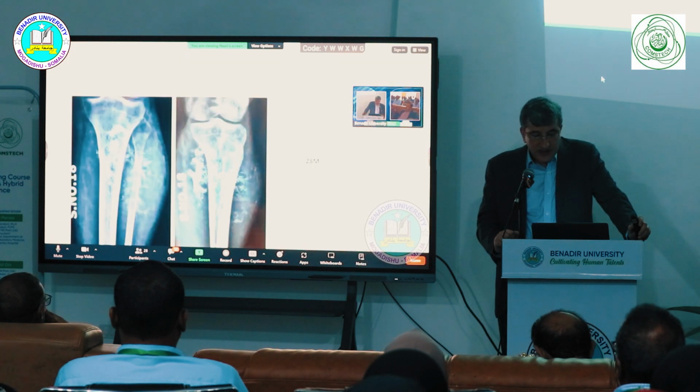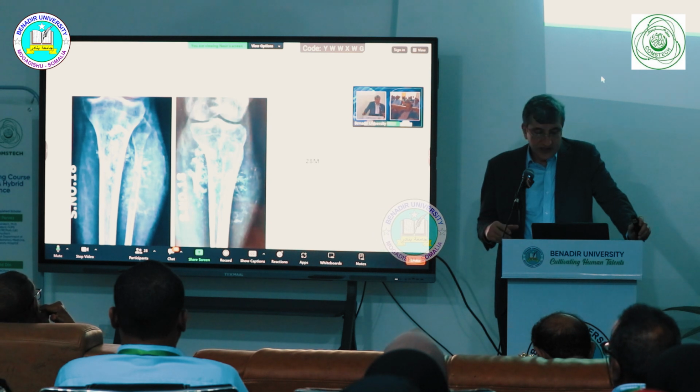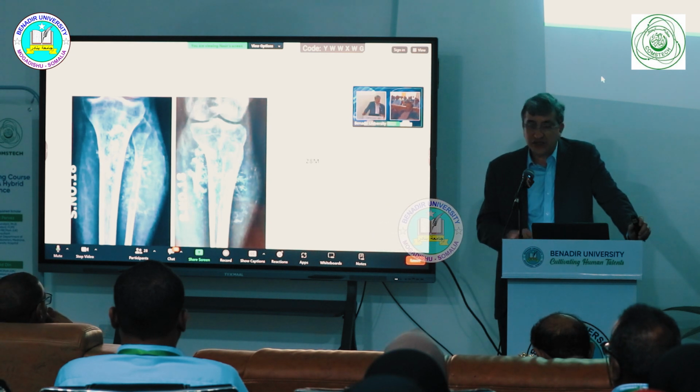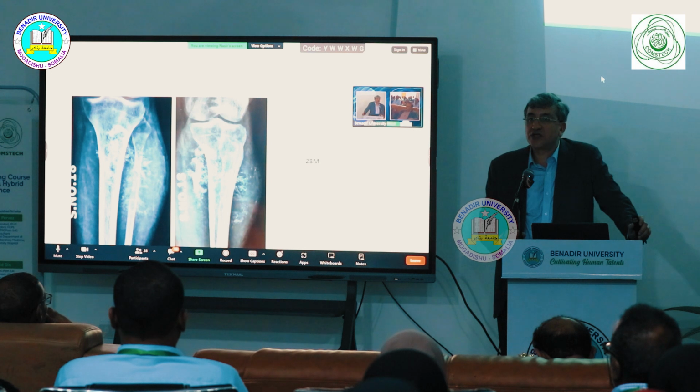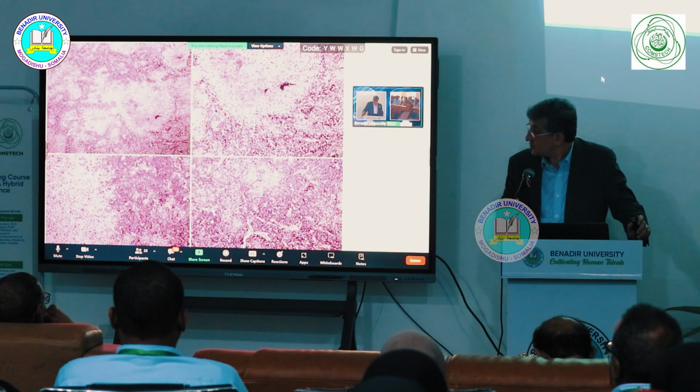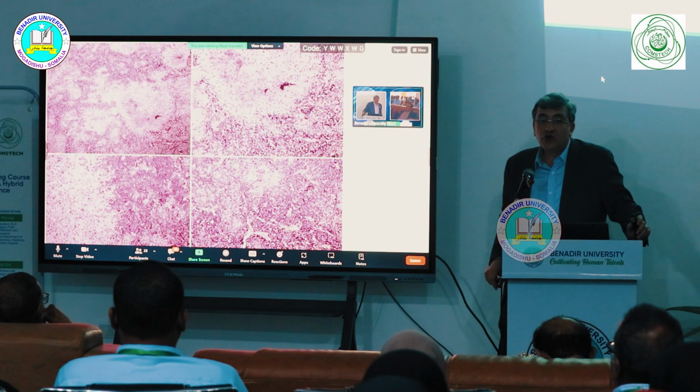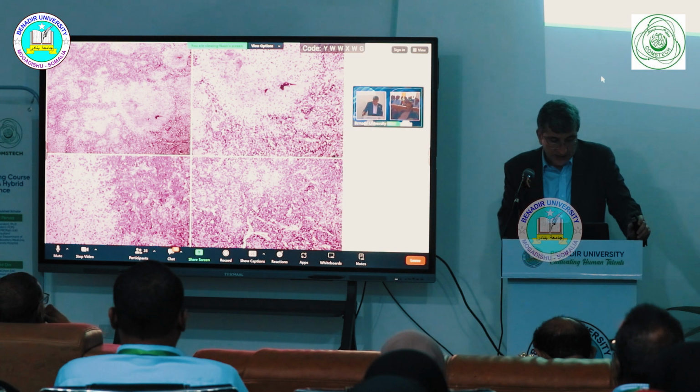A 28-year-old patient, and you see a large mineralized tumor in the leg. Histologically, it looks blue, darkly blue, and then there are blue areas.